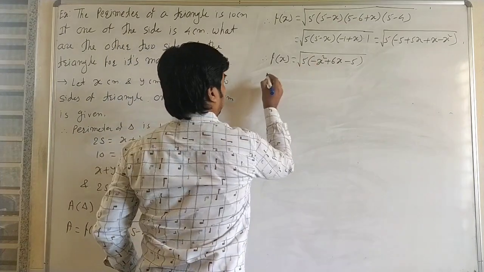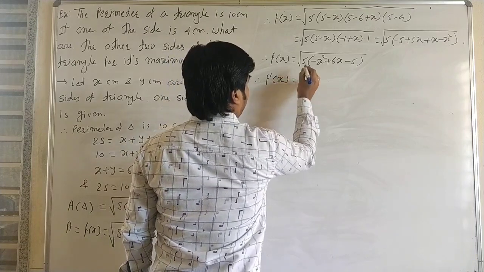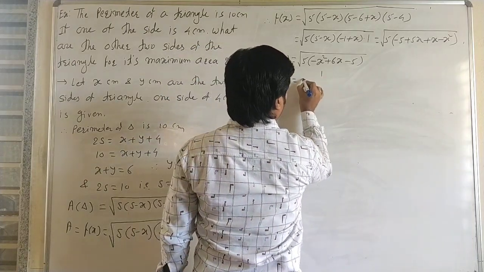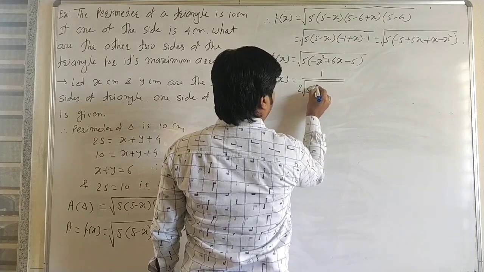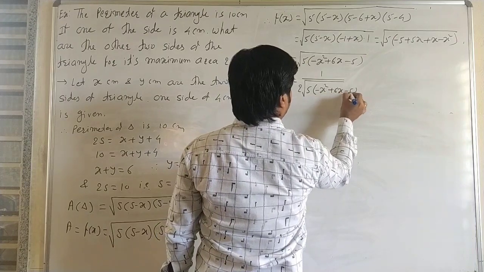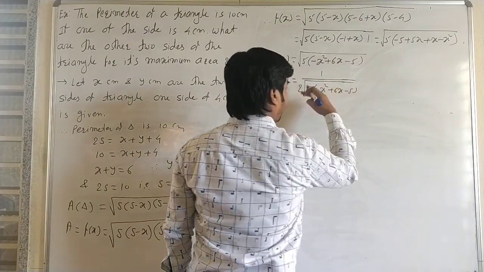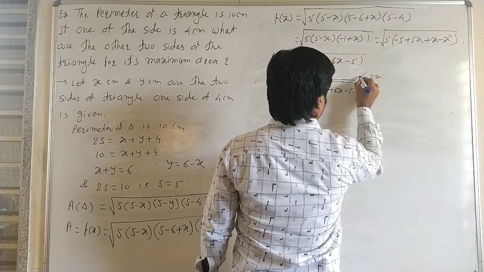Now first derivative, therefore f dash of x is equal to 1 by 2 under root of 5 into minus x square plus 6x minus 5, into the derivative of that term, it is minus 2x plus 6, with 5 as it is.